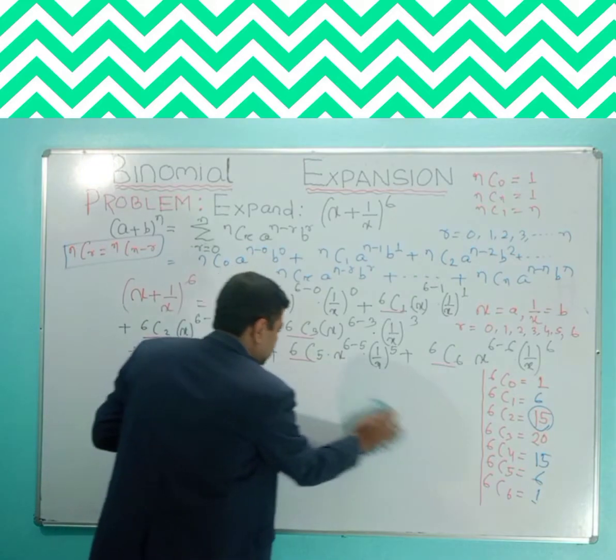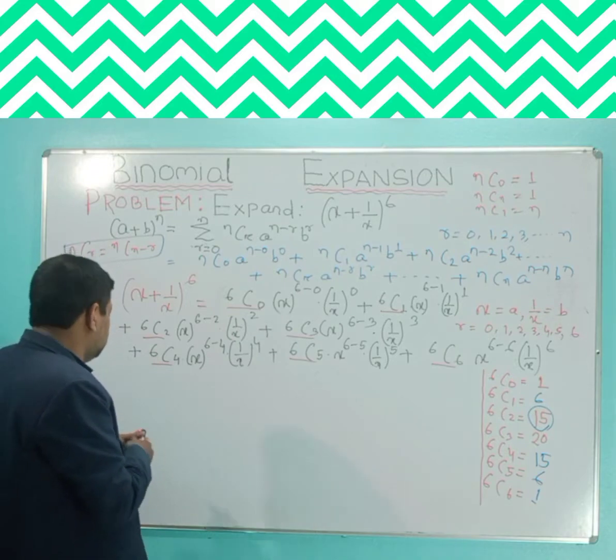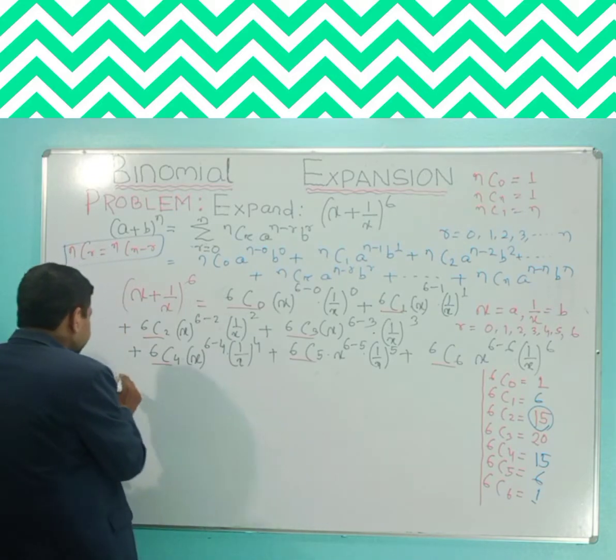So while expanding a binomial expression, first of all you have to find the values of the binomial coefficients in the correct manner. After that you can put these values in. Let us write here.